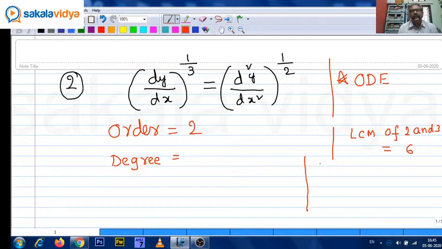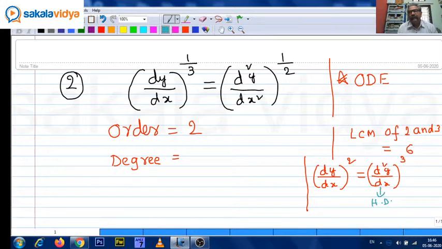So both sides raise the powers to 6. 1 by 3 into 6, that means square, dy by dx whole square. Now it is free from the radicals, fractional powers, d2y by dx whole cube. Now see, this is the highest derivative. Power is 3. So degree is actually 3. How do you name it now?